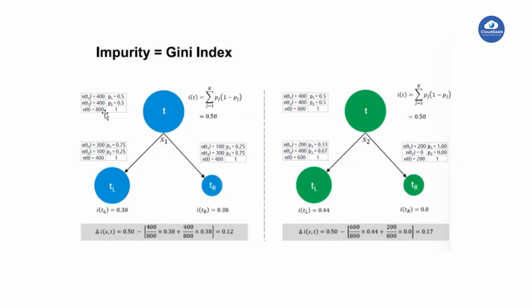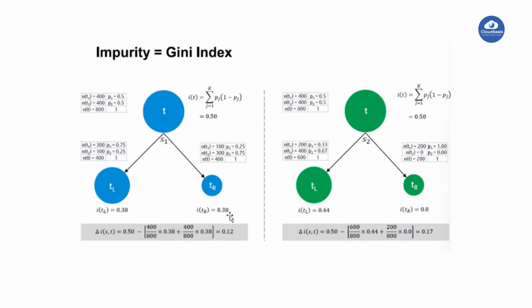Here we have the 800 records. Again, in the same example, in the first split, we split it as 400 records on one side, 400 records on the other side. Again, we calculated the Gini value by using this formula. This is 0.38, this is 0.38.